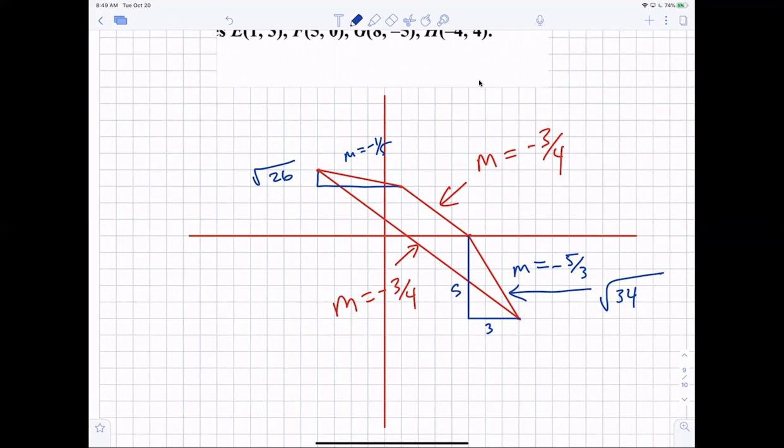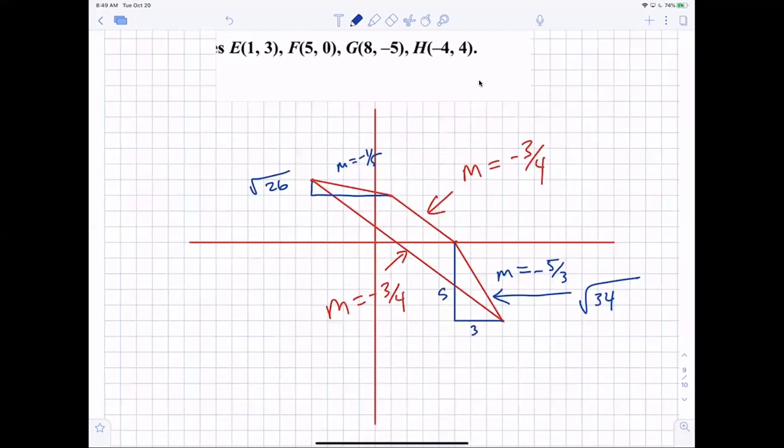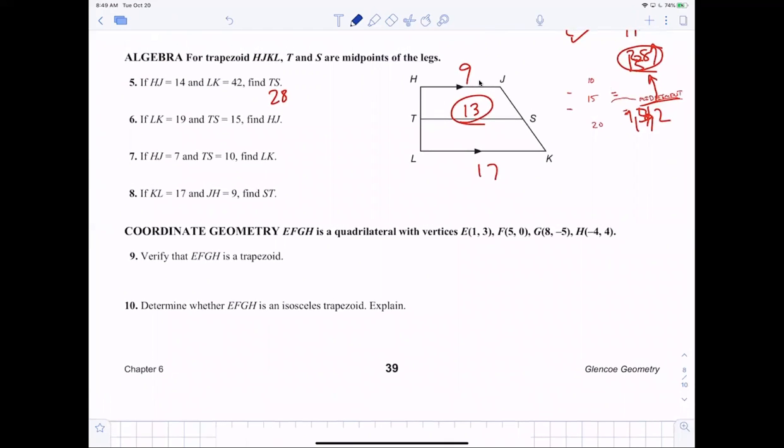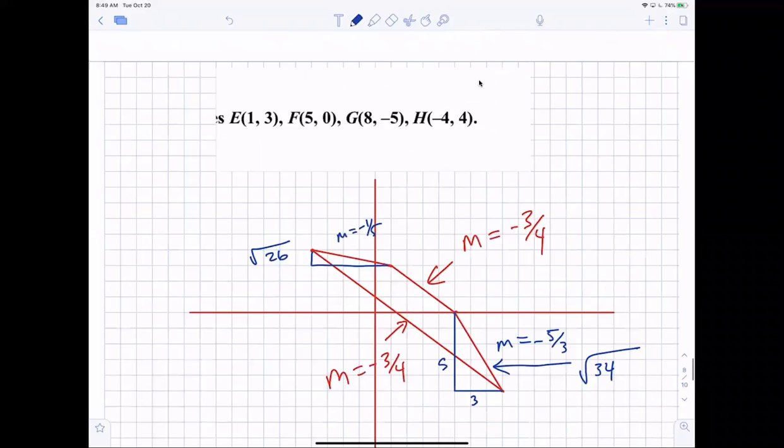If it came out to be square root of 34 and square root of 34, then it would be isosceles. You agree with that? Anybody have any issues? My homeschool peeps, you got any questions? Nope. All right.